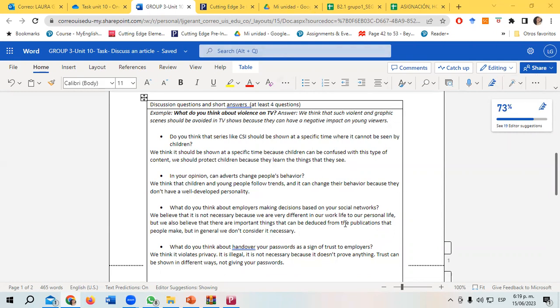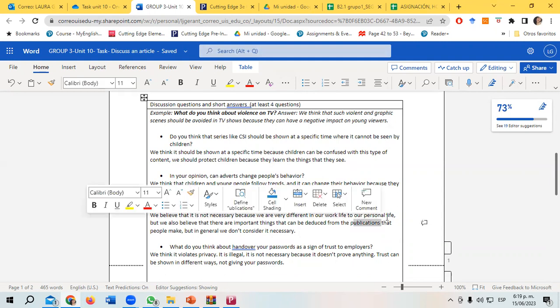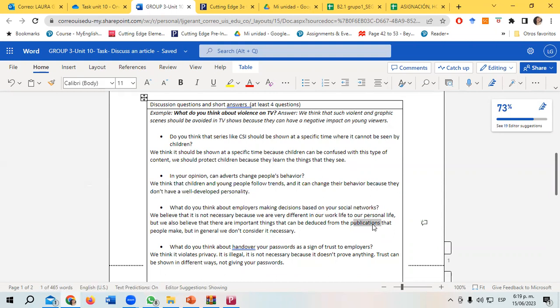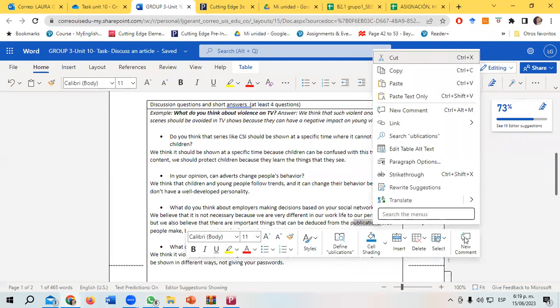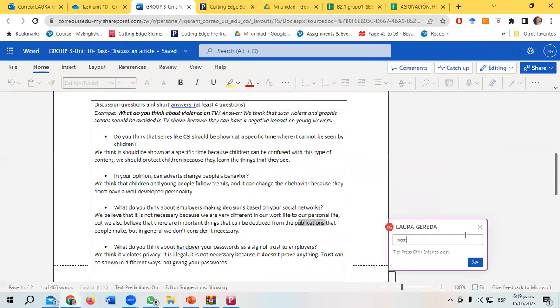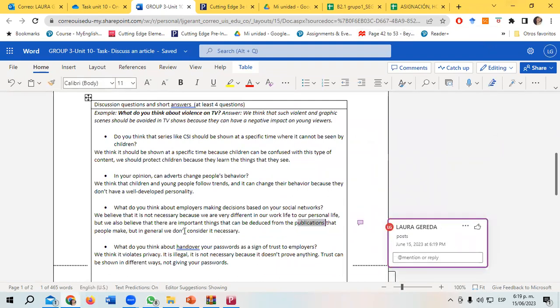But in general, we don't consider it necessary. And the last one, what do you think about handing over your passwords as a sign of trust to employers? We think it violates privacy, it is illegal, and it is not necessary because it doesn't prove anything. Trust can be shown in different ways, not giving your passwords.